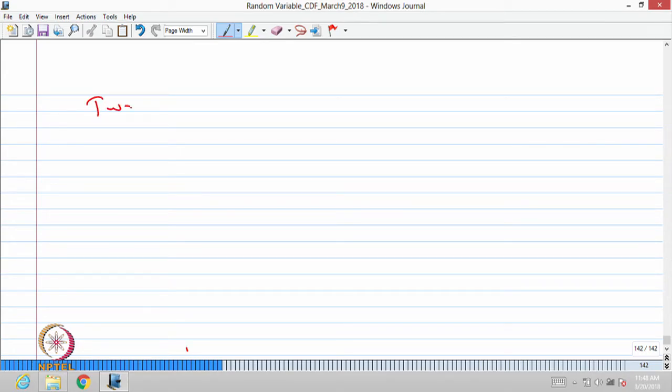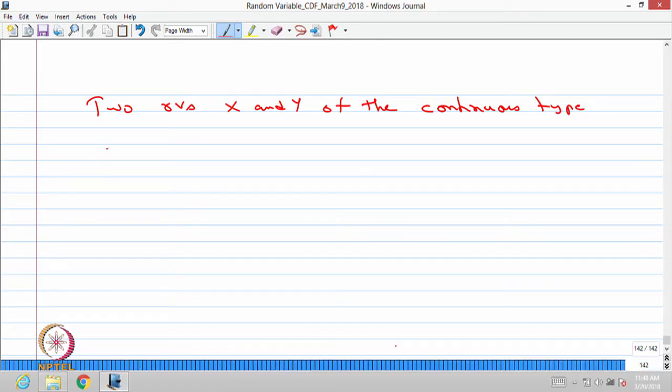Two random variables x and y of the continuous type are independent if and only if you replace the condition on the CDF by the probability density function.